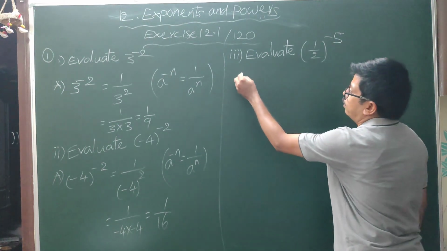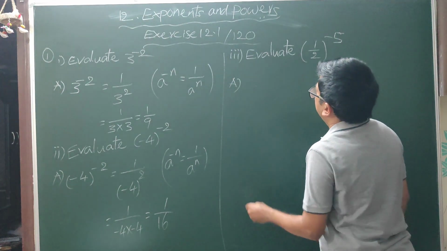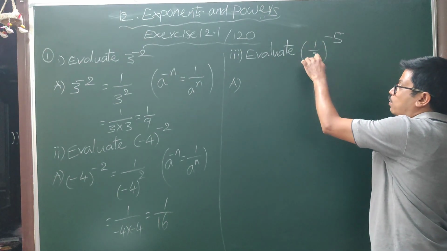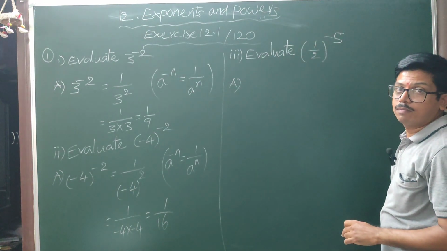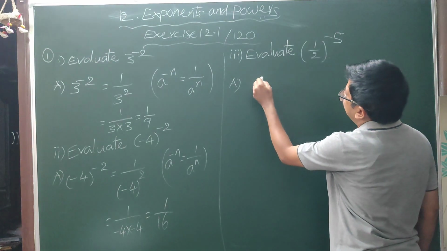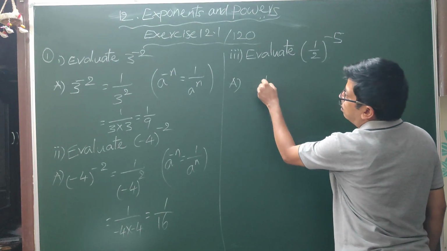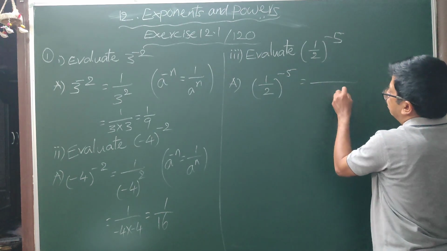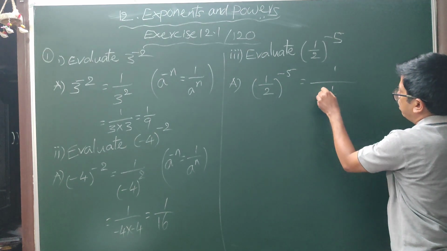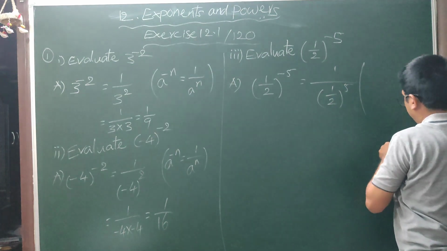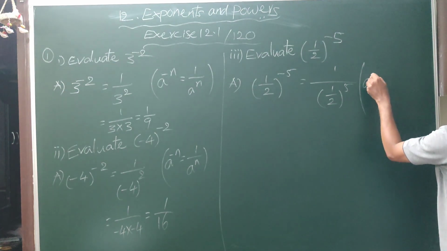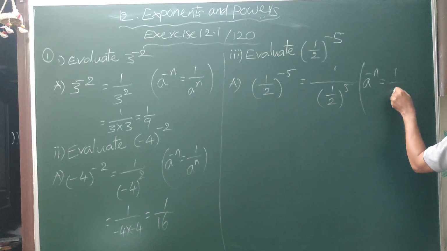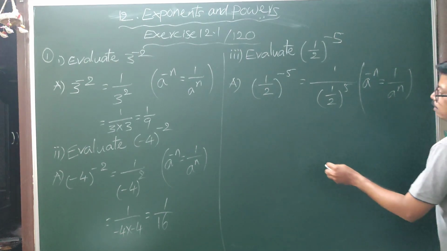Now let us go for the third one. Evaluate 1 by 2 whole power minus 5. So same, 1 by 2 whole power minus 5 equal to 1 by 2 whole power 5. The same formula, a power minus n equal to 1 by a power n.